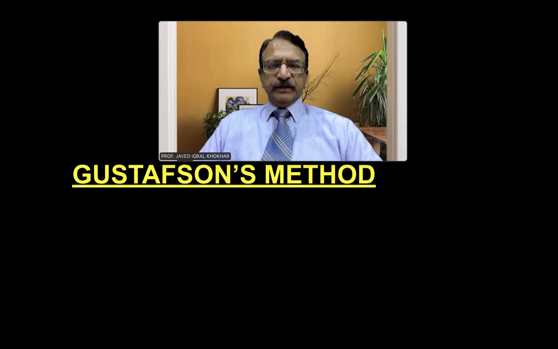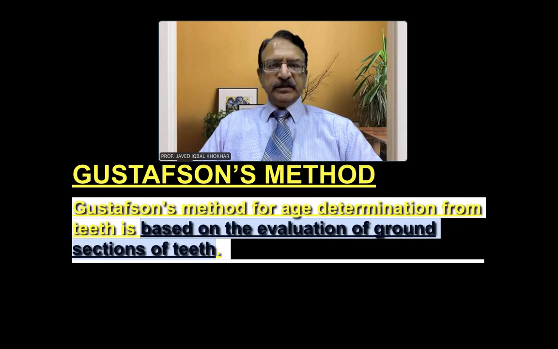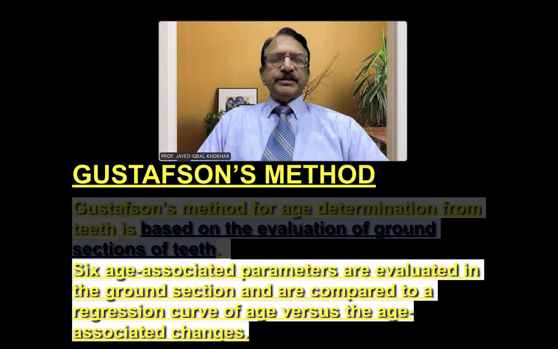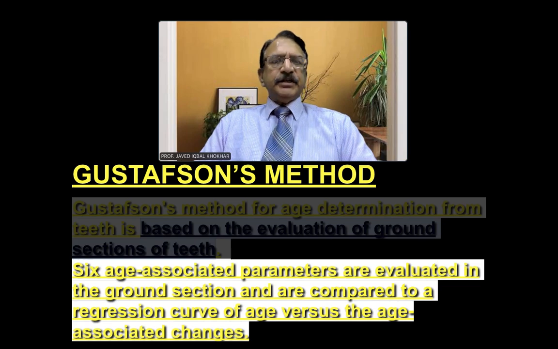What is the Gustafson method? The Gustafson method for age determination from tooth is based on evaluation of ground section of teeth, and 6 age associated parameters are evaluated in the ground section, and they are compared to a regression curve of age versus the age associated changes.